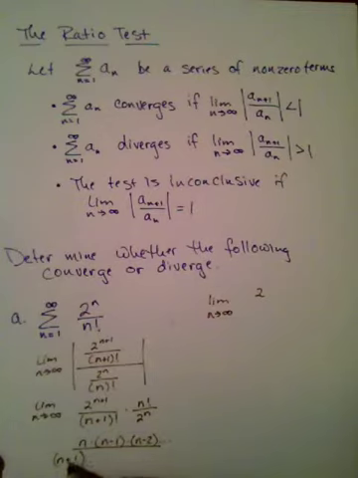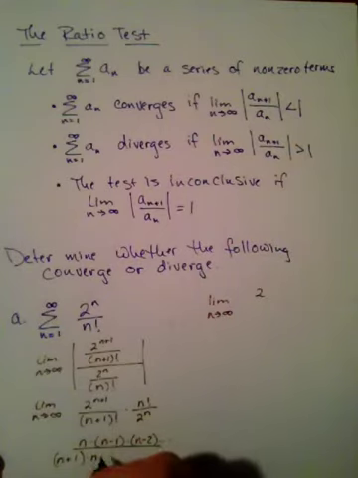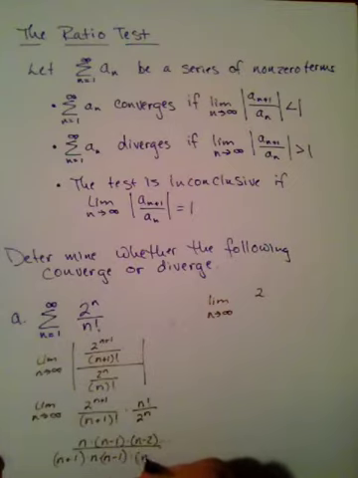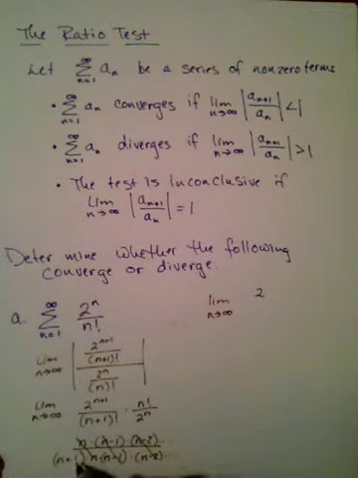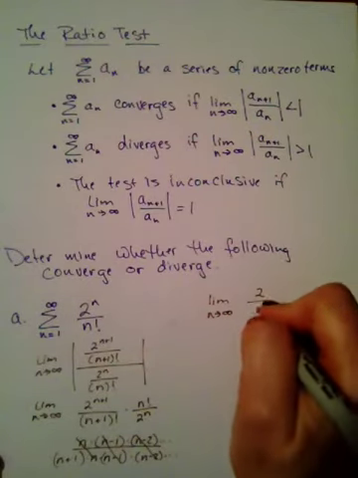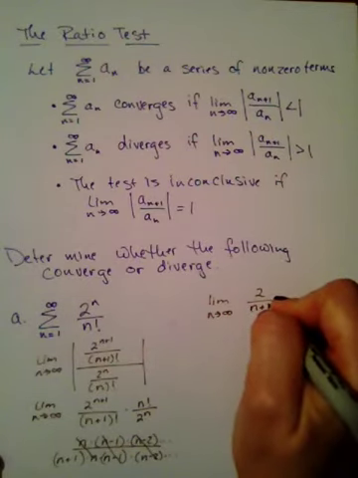Then the next number less than n plus 1 is just n. The next number less than that is n minus 1. The next number less than this one is n minus 2, etc. Well, you can see that they will all cancel out except for the n plus 1 in the denominator. So I'm going to put n plus 1 in my denominator.